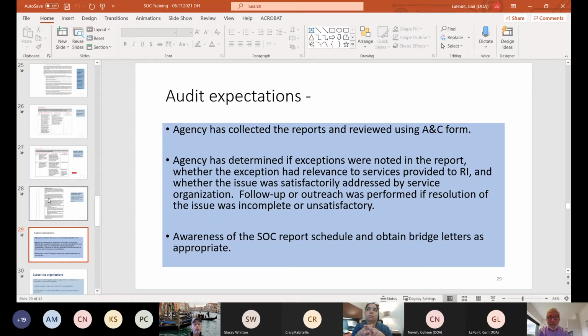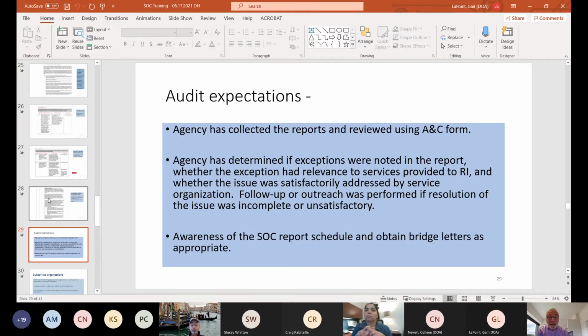So from an audit expectation, what is it that we're expecting when we come in? And that's part of what this training is, to be fair. We don't think it's fair to just come in and write an audit finding without helping you to understand better how to use these reports and how to do it efficiently and effectively.